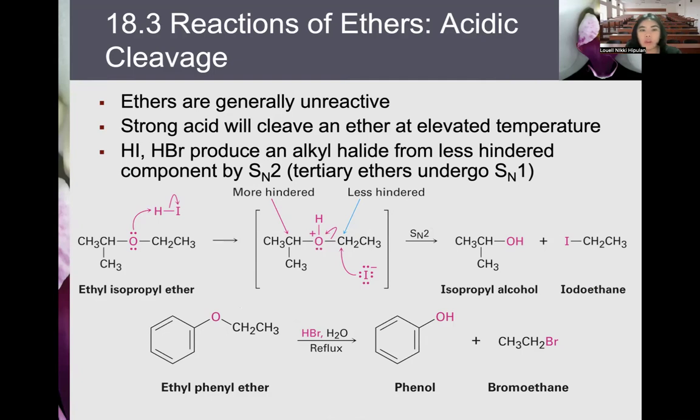So if, for example, you have your HI or HBr, it will produce an alkyl halide. If you react HI with your ether at an elevated temperature, it will undergo an SN1 reaction.